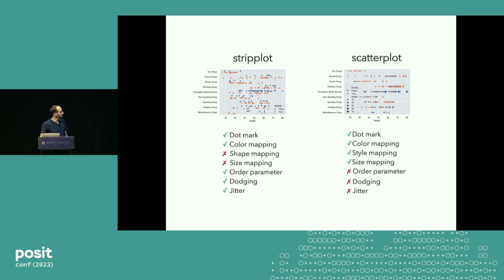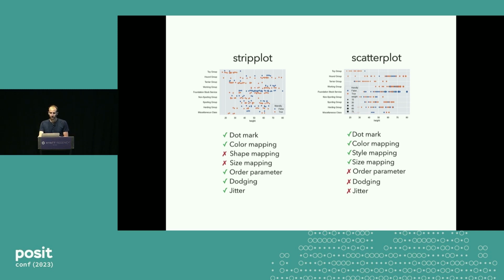So take, as a case study, the strip plot and the scatter plot functions. These are both fundamentally scatter plots, or what they create are fundamentally scatter plots. But as I mentioned earlier, the function called strip plot actually came first, because it's a scatter plot that's optimized for categorical data. It's meant as an alternative or a complement to a box or a violin plot. So it has capabilities like dodging and jittering that make sense in that context.